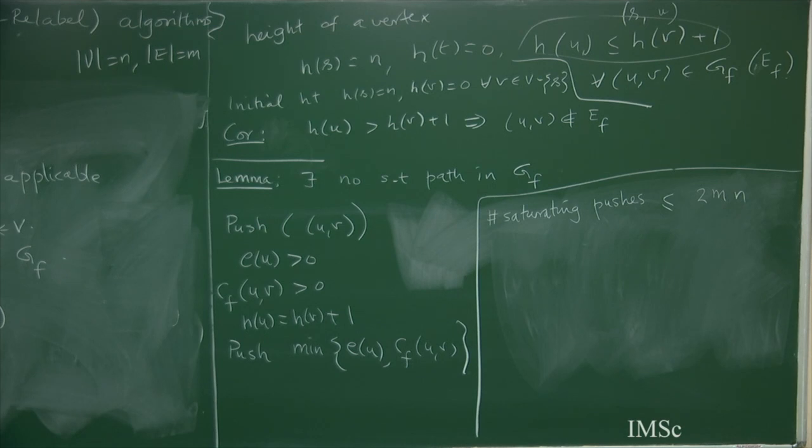So the shortest path length from S increases by at least 2, and that was the argument. Here we will use more or less the same argument. We will say that the height of a vertex will increase by at least 2, and the height is at most 2n minus 1. So an edge is involved in a saturating push at most n times.